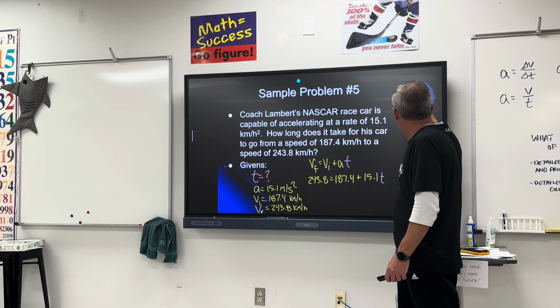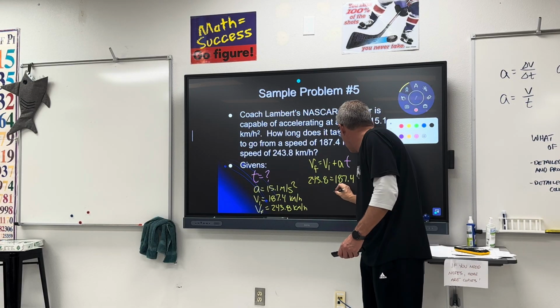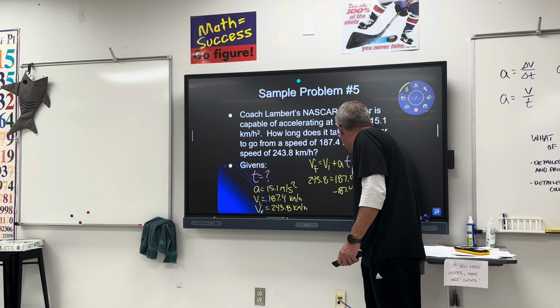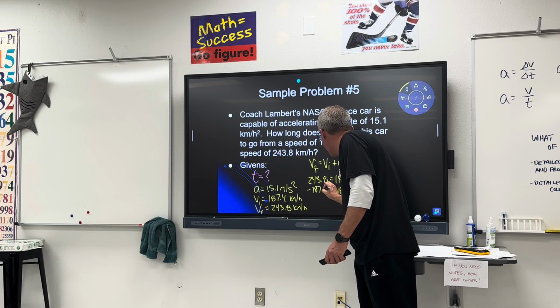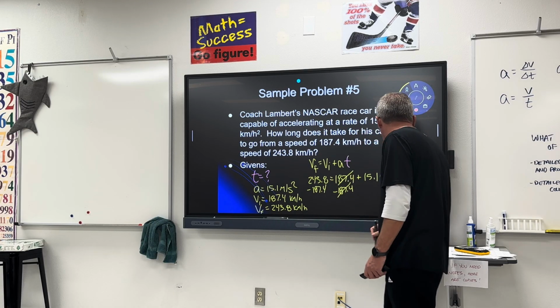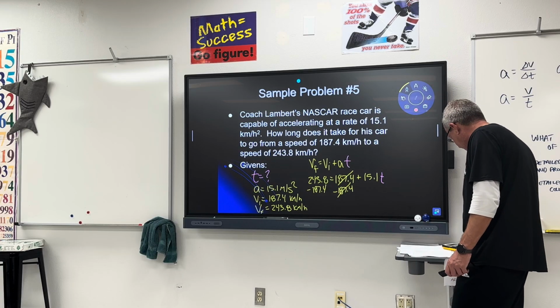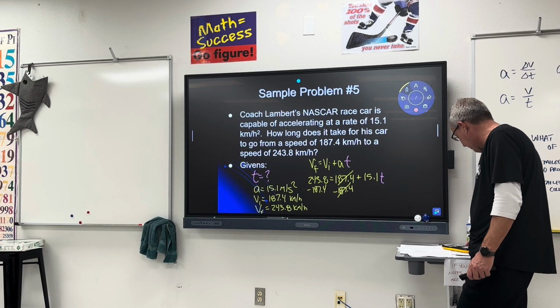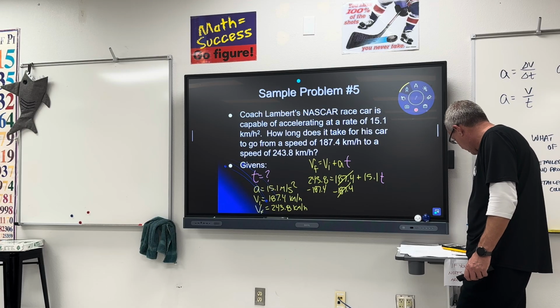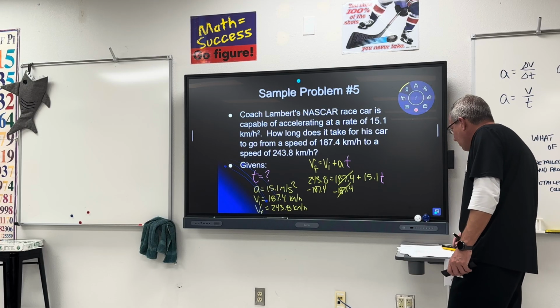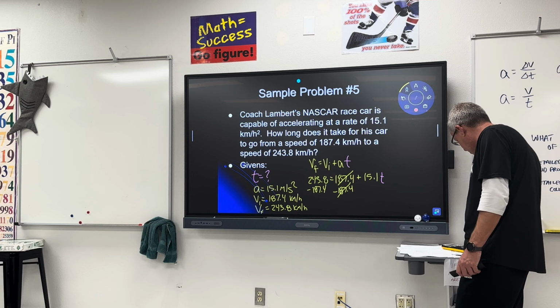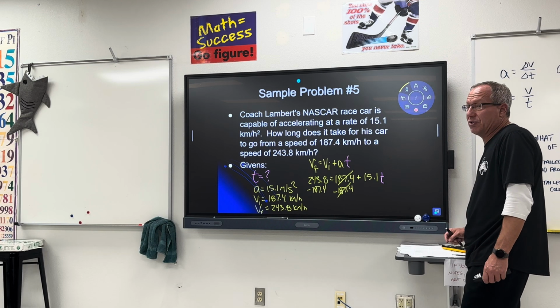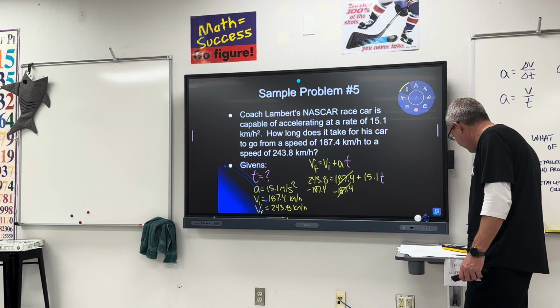Now I have to make sure I do my math correctly. I'm going to subtract 187.4 from both sides. 187.4 cancels. 243.8 minus 187.4, and make sure you punch things into the calculator correctly.